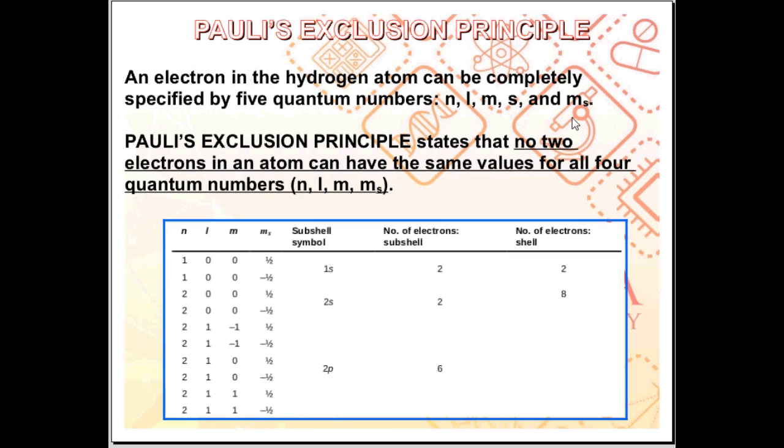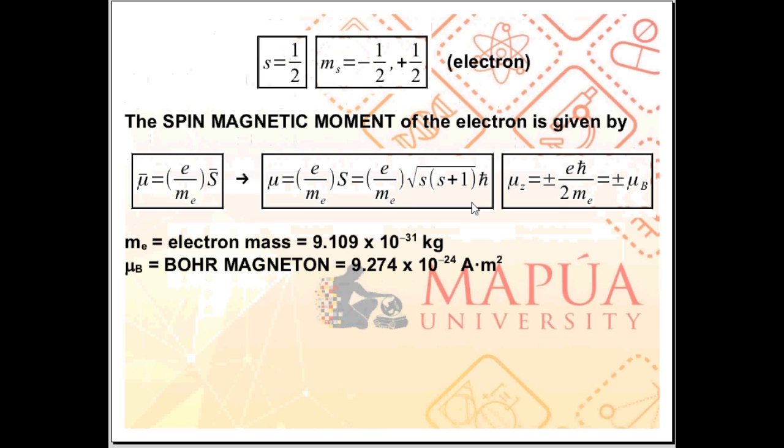Now, Pauli's exclusion principle states that no two electrons in an atom can have the same value for all 4 quantum numbers n, l, m, and ms. As you will recall, for an electron s is just limited to 1/2.